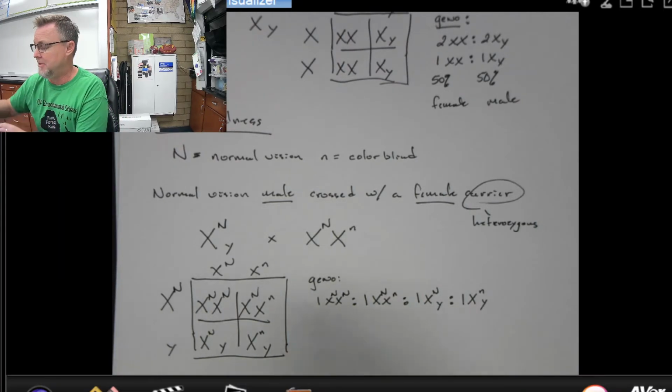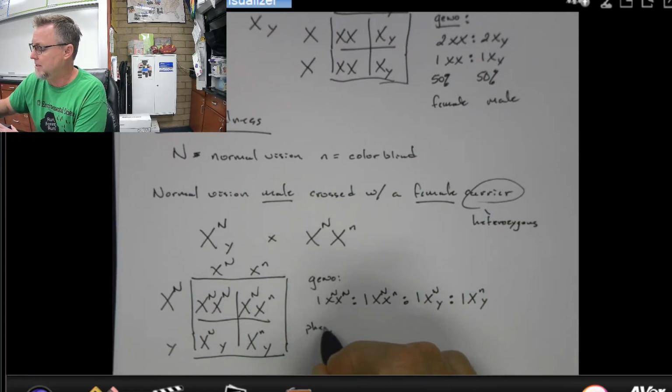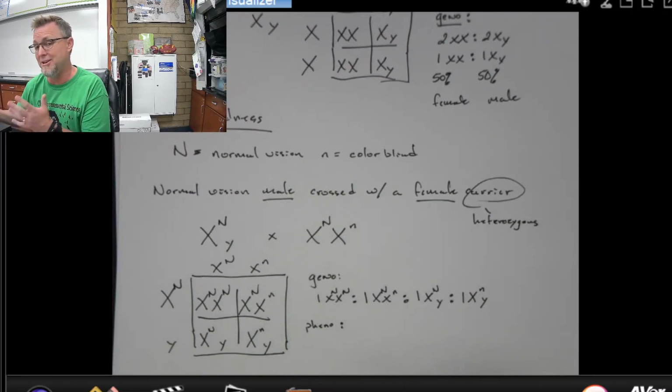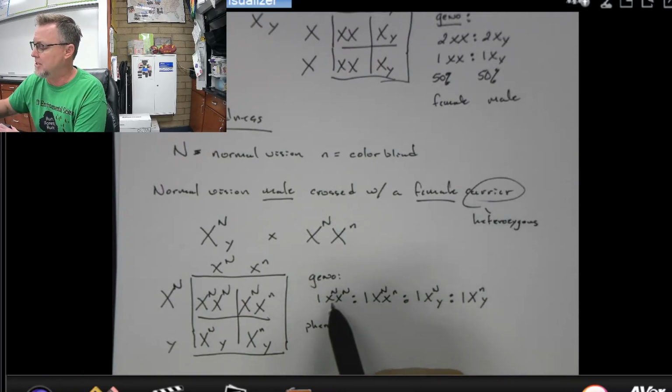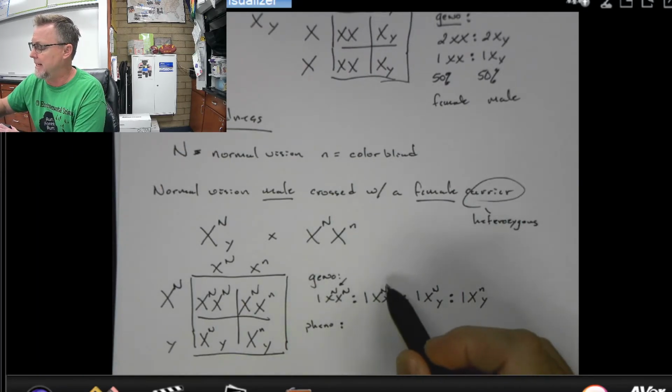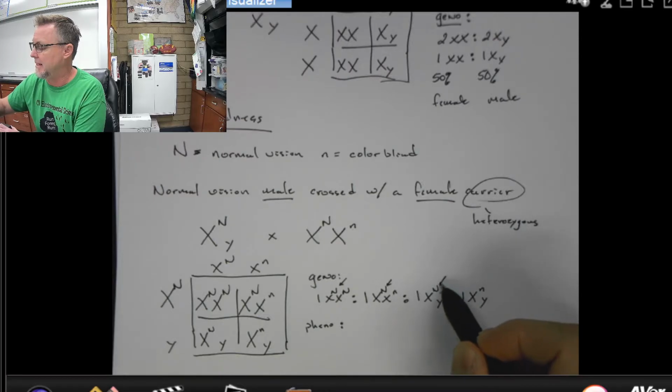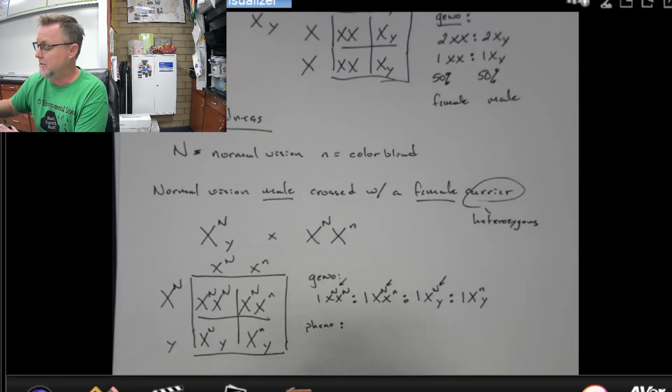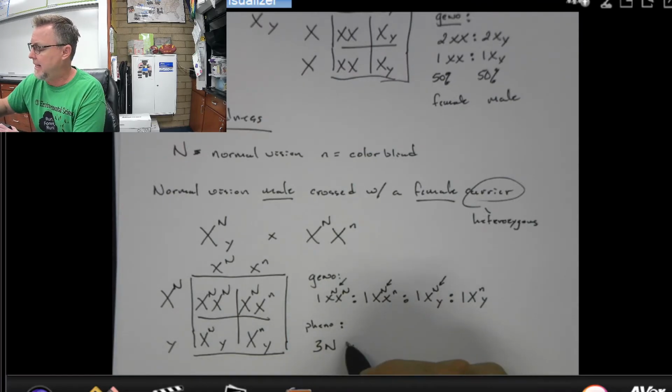Now, phenotype. What do these individuals look like? If we ignore gender, we can just look at the idea that this one has a big N, that one has a big N, and that one has a big N. So you're going to have 3 big N's, and you're going to have 1 little n.